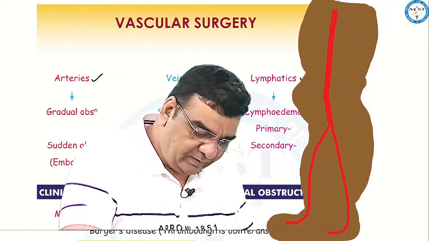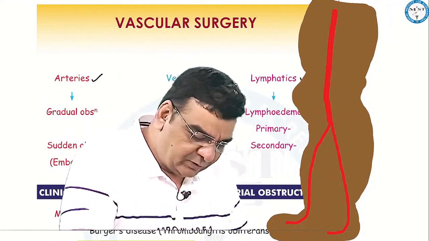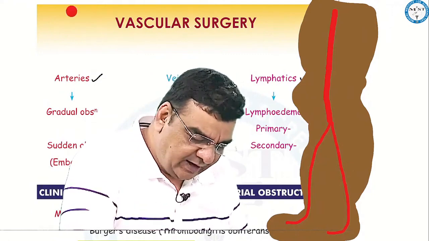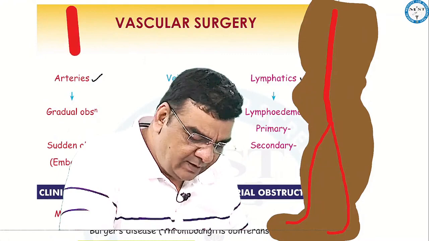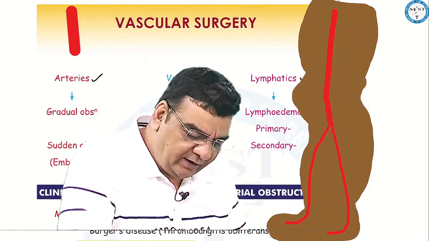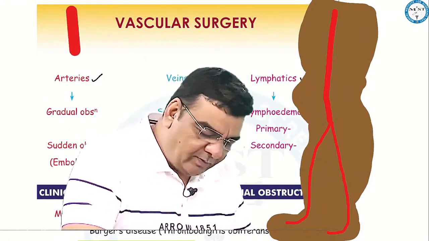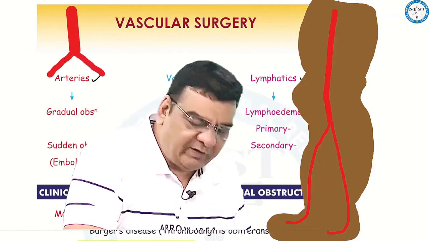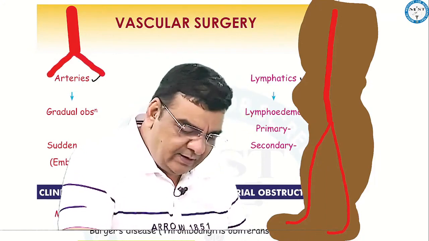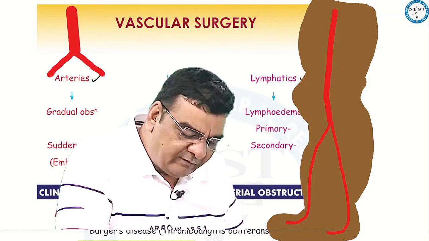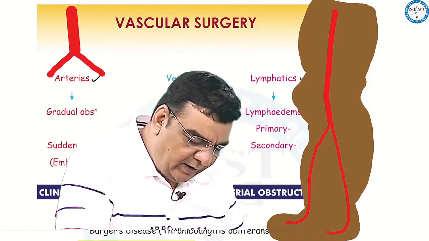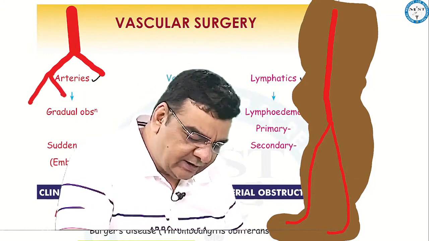Now, in the abdomen, beta, suppose I say that this is the abdominal aorta. This will divide into the right and left common iliac, and then each common iliac will further divide into internal iliac and external iliac.